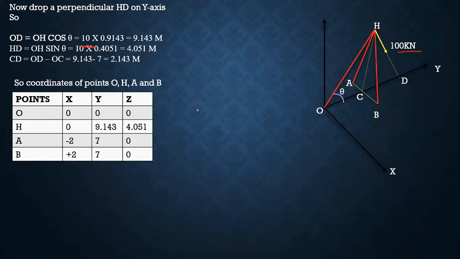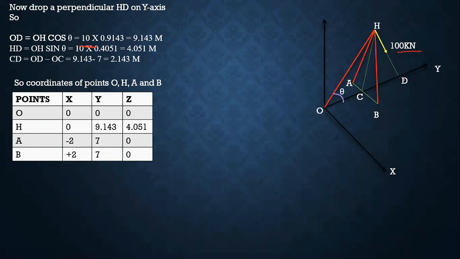Now we have to point out the coordinates of the points, or the junctions: the coordinates of points O, H, A and B. Point O will be 0, 0, 0.